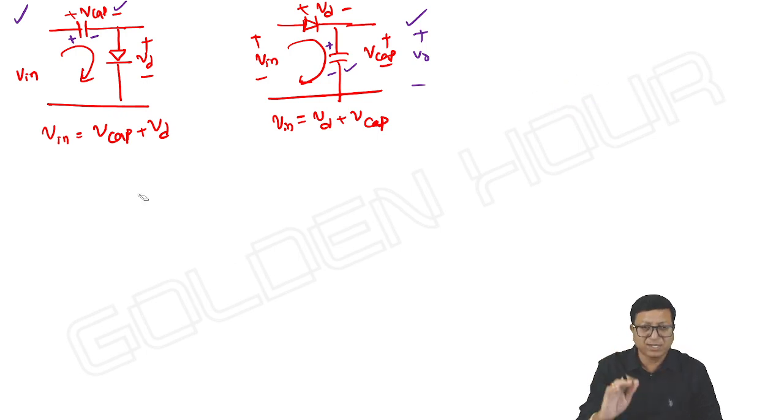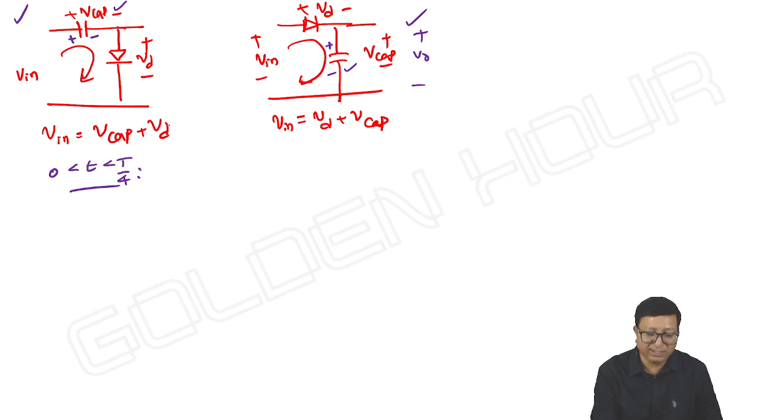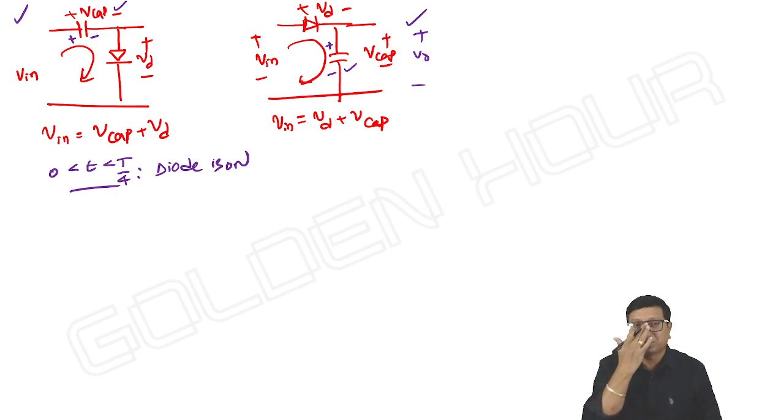Okay, so I am recollecting the things, taking both the circuits together. Over the interval 0 to T by 4, during the first quarter cycle only the diode is on. You take any one of these circuits, that's what is true. Input is positive.